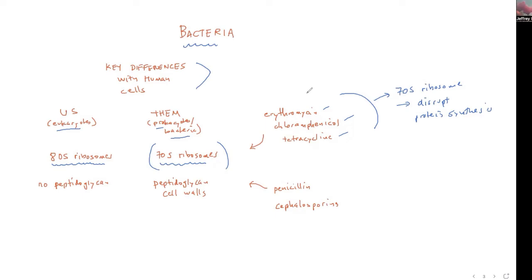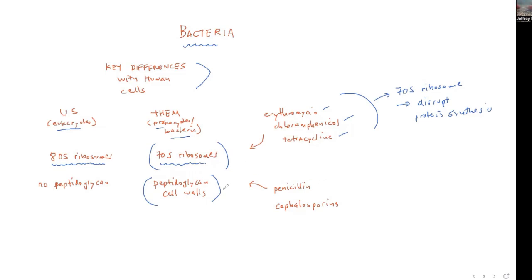Another one is the fact that bacteria always have peptidoglycan in their cell walls. And peptidoglycan is a very unusual substance. There are a couple of monosaccharides that exist in peptidoglycan that don't exist in any eukaryotic cells. And we could target that. Okay, penicillin and all the other cillin drugs like ampicillin, methicillin, amoxicillin, all the cillin drugs are related to penicillin.